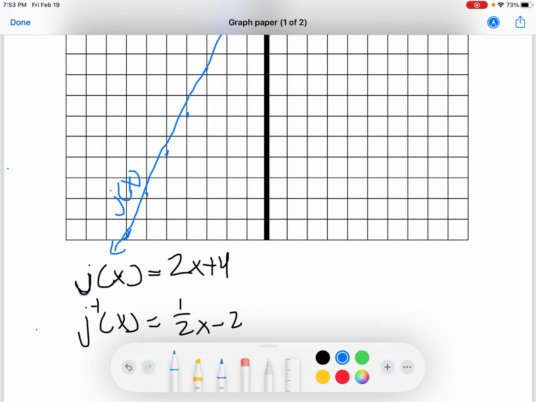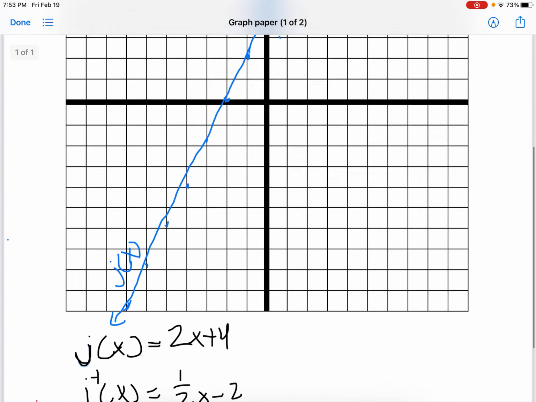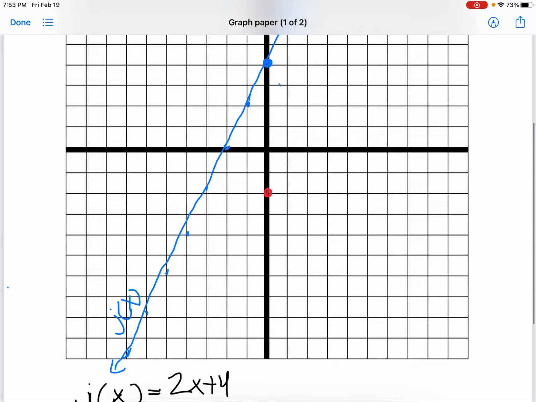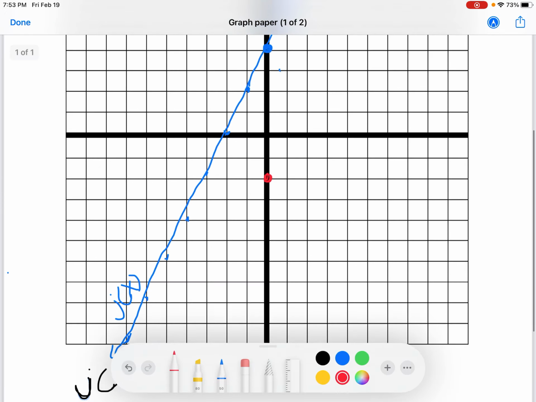Let's look at what j inverse of x is. That has a y-intercept of -2, so that's going to be right here. And it has a slope of 1/2. So that's going to be up 1, right 2, and then also down 1, left 2.